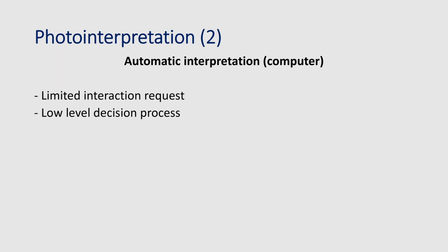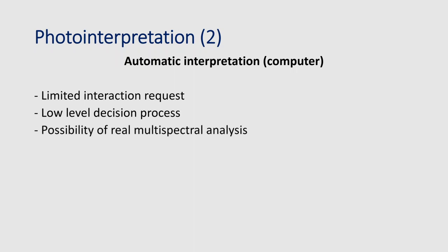There's a very low-level decision process, because computers and software are stupid. So in order to give them the intelligence, we need to work on that, because otherwise the level of the decision process that they use is very low. Of course, there's not a brain behind these processes.